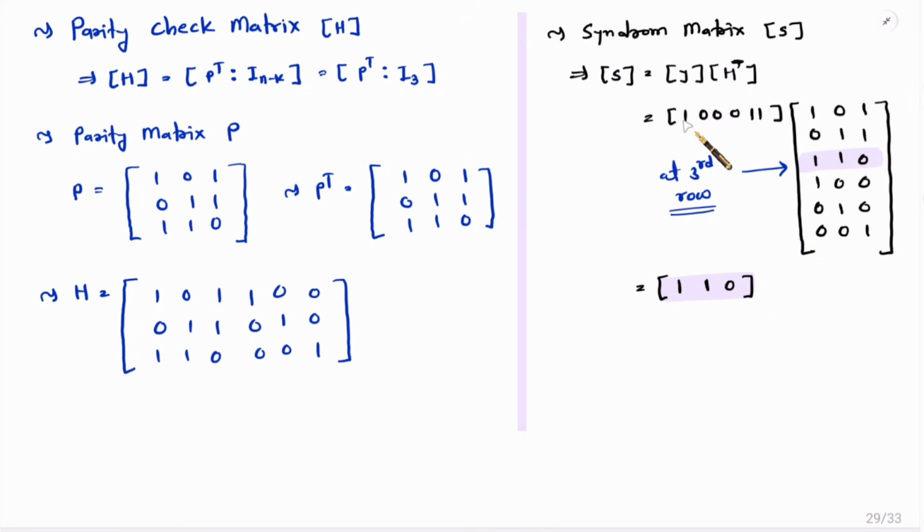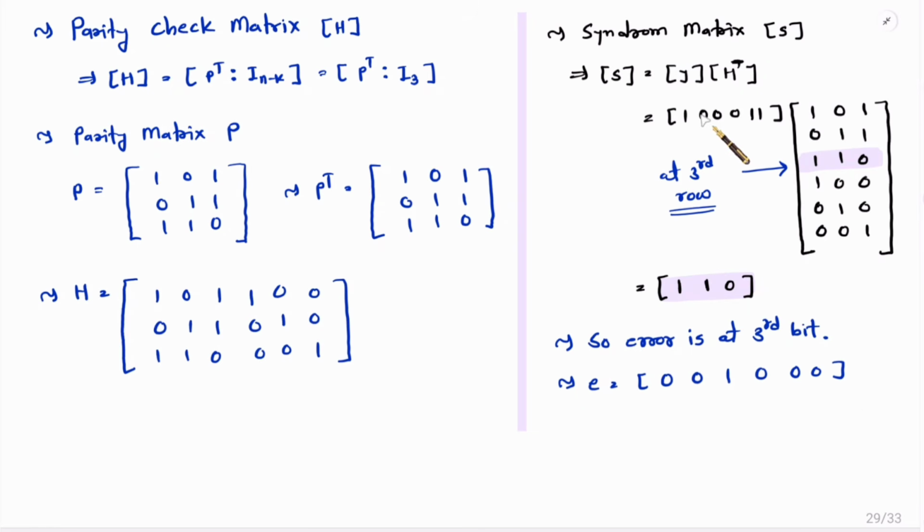So in total 6 bits are there. As per the error syndrome, or one can say syndrome matrix, we have error in the third bit, right? If we have error at the third bit, then you can write the error matrix, that will be 0 0 1 0 0.